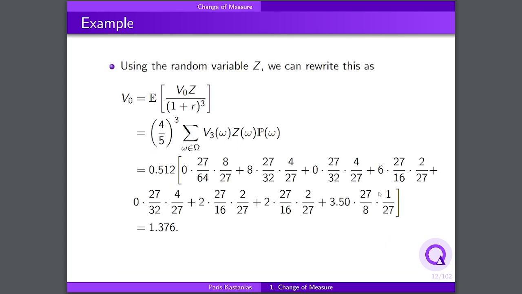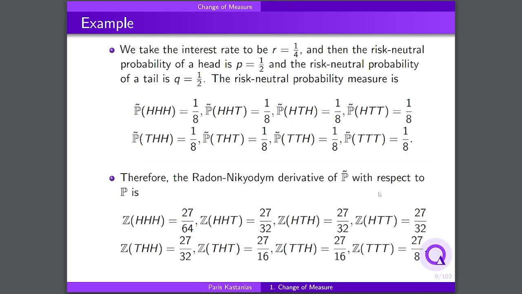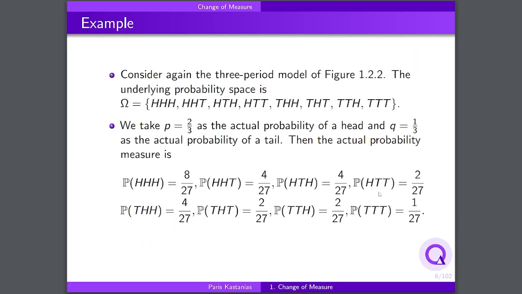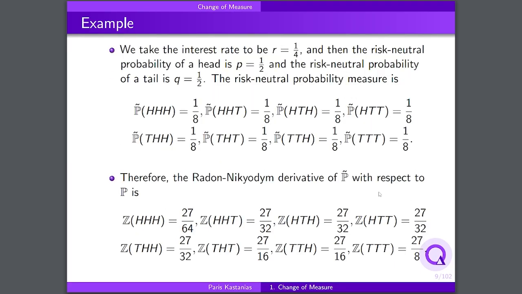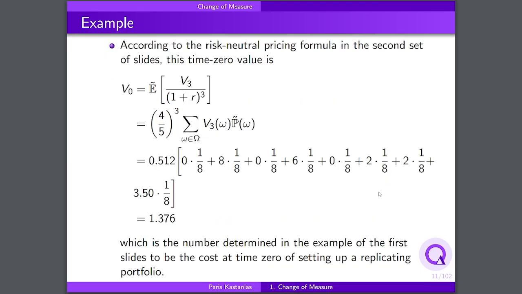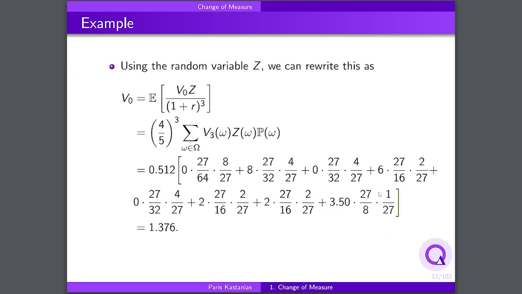We calculated Z before, it's those things there. We calculated the P's before, it's those things over there. So we can rewrite this as Z and P. Okay, and we get the same answer. So we've changed the measure from the risk neutral measure to the actual measure.